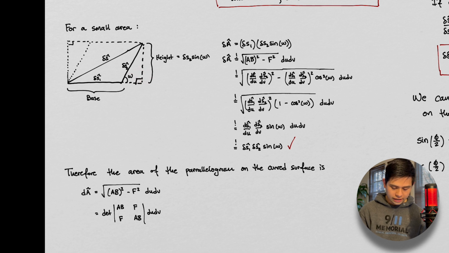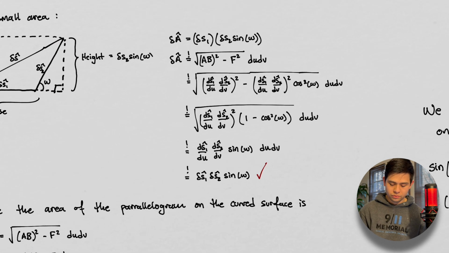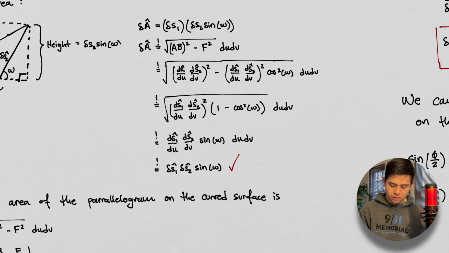The height, again, is given right here. Just by looking at the picture, delta S2 sine of omega, delta S1. So the area again is the base times the height of the parallelogram. Of the triangle itself, it's going to be 1/2 the base times the height, but we're just looking at the parallelogram. So we get this, and we're looking right here.